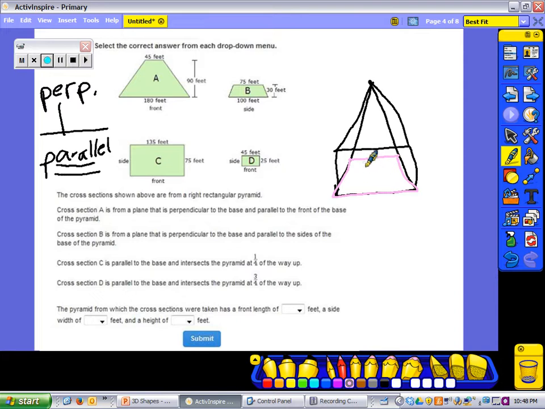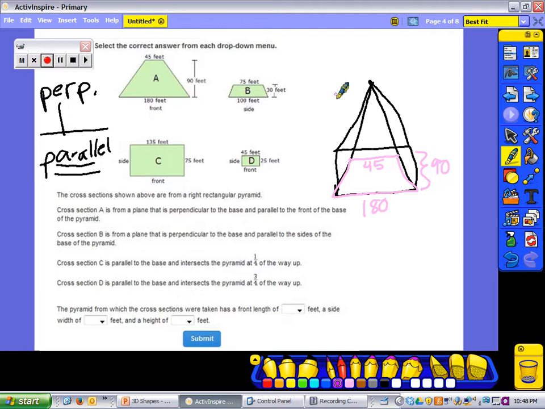We've got 45 feet at the top, 180 feet at the bottom, and it is 90 feet tall. Cross-section B is from a plane that is perpendicular to the base and parallel to the sides of the base.